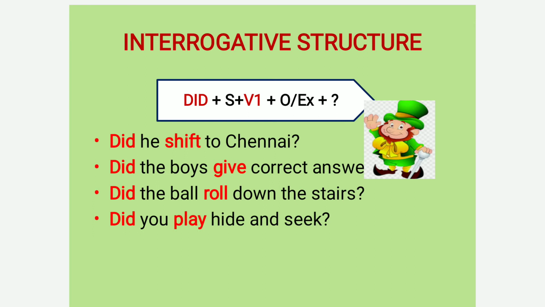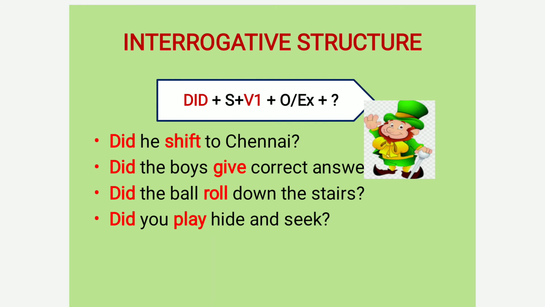Take an example of a negative sentence: I didn't shift to Chennai. In order to convert that into interrogative, we remove the negative word from the sentence and place the helping verb did in front of the subject. The same thing we applied here. Let us learn the structure of the interrogative sentence first.